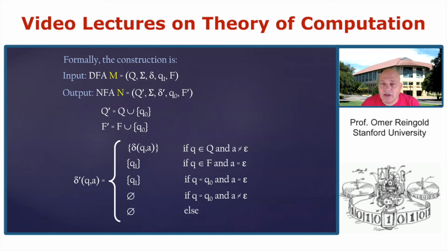And for everything else, we have no transition defined, so the transition is to the empty set. That's exactly formalizing the one from the picture in the previous slide. If it confuses you, go back to the previous slide and do some matching to see how this part of the definition matches the other part. And notice that the alphabet didn't change and the new start vertex is Q0.